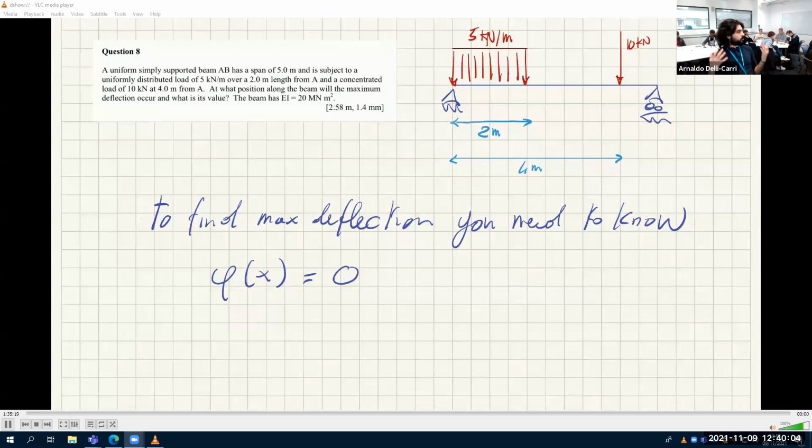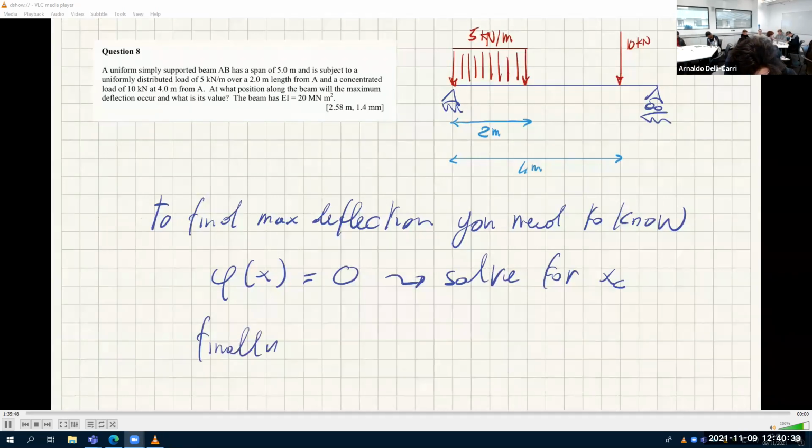Okay, so where phi of x is 0, the deflection is maximum because the slope is the derivative of the deflection. And so to find maxima and minima, you use the derivative of the function, set it equal to 0 to find the critical points. Solve for x, Xc. Finally, V of Xc is Vmax or Vmin.